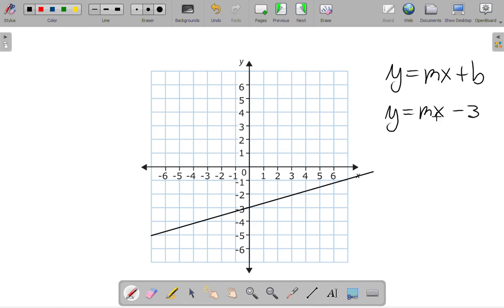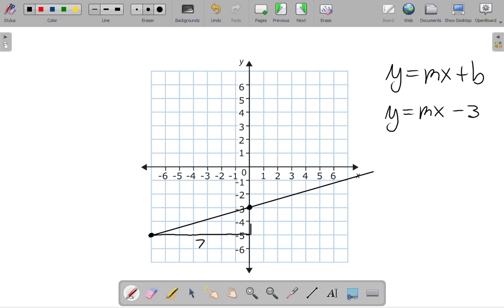All right, now we need to find our slope. So here's where we got to find points. Okay, that's a good point because it crosses on the axis there. What other point? You're looking down this way. None of these are good points because they're not on the grid. Not until we get down to here is it on the grid. So if I use that point, I went over 1, 2, 3, 4, 5, 6, 7.